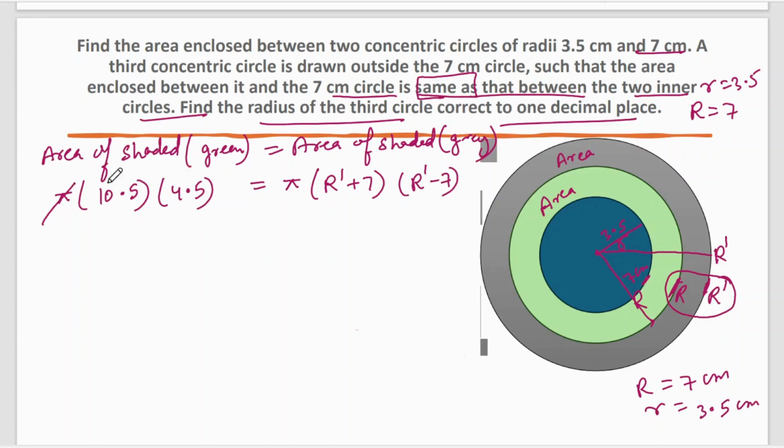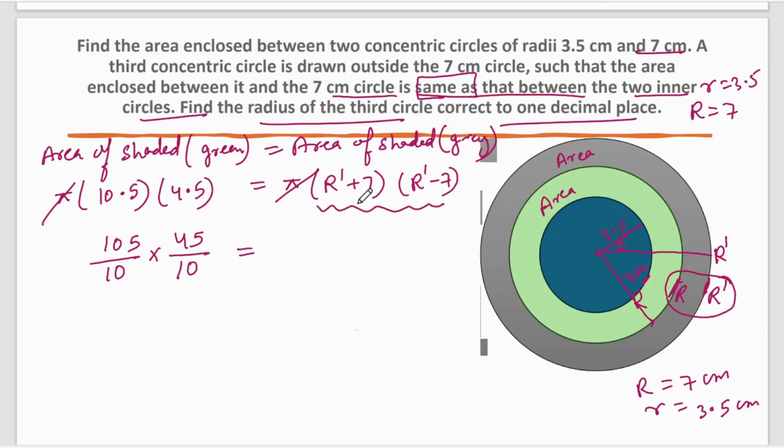Now pi and pi will get cancelled out, so you are left with 10.5 into 3.5. You can write this as 105 by 10 into 35 by 10 equal to R dash square minus 7 square. Here I have to go to the inverse operation.